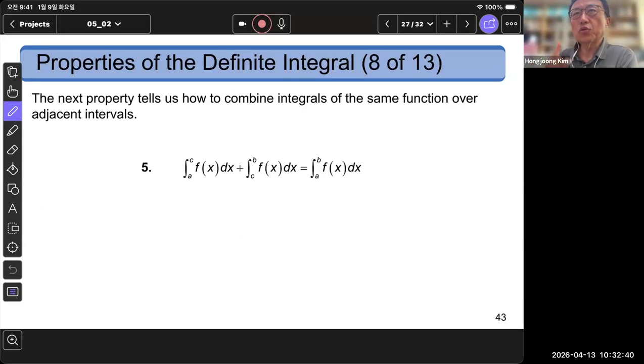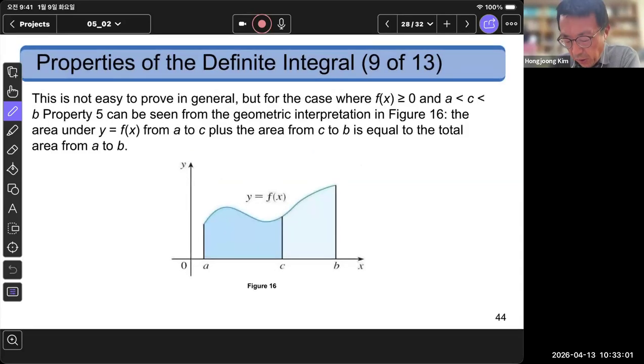And one very useful theorem is the following. Given this function f, if you integrate that function from a to c and c to b, you can combine these intervals into one from a to b. In other words, when you consider the area between a and c, and combine the area between c and b, you get the area between a and b.